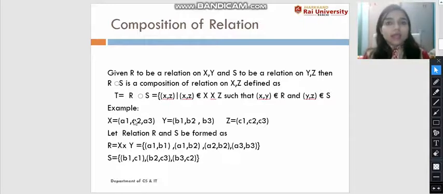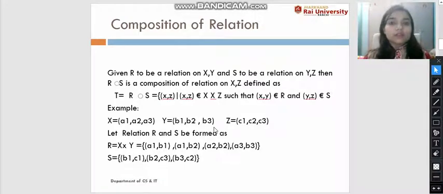Here x, y and z are three sets. X contains A1, A2, A3. Y contains B1, B2, B3, and Z contains C1, C2 and C3. Then the relation R can be defined as x cross y, which is a Cartesian product of x and y, and the values of R are A1 B1, A1 B2, A2 B2, A3 B3.